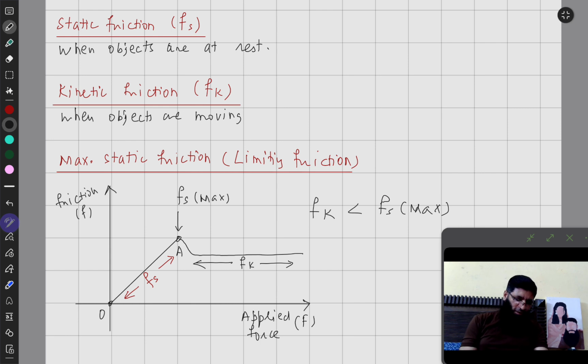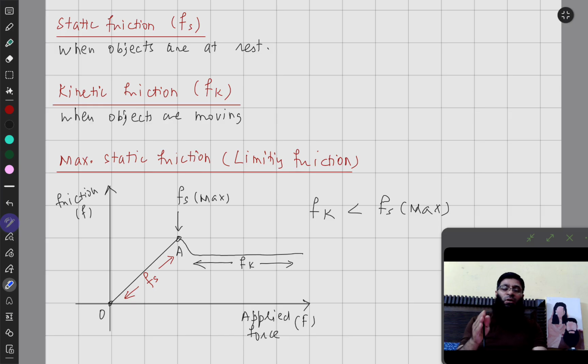because in case of static friction, the object is always at rest. So the particles, molecules or atoms of both surfaces are joined with each other, and in that type of case you will have static friction. But in case of kinetic friction, one object must be moving.